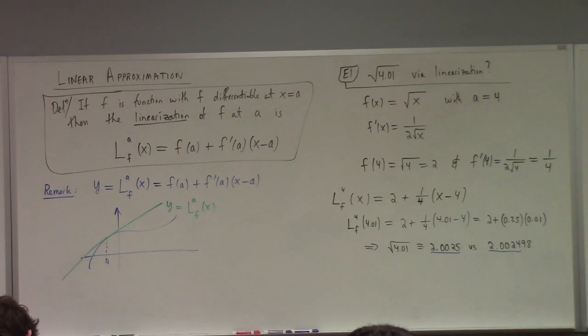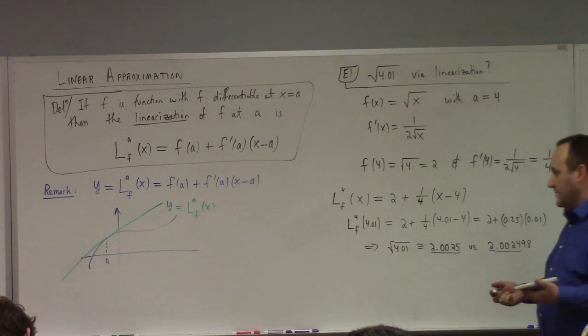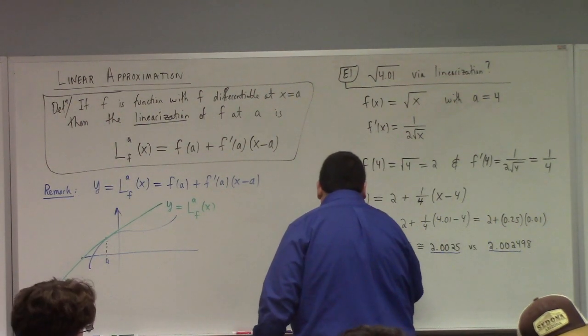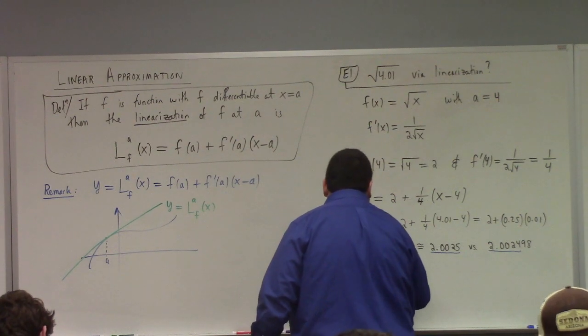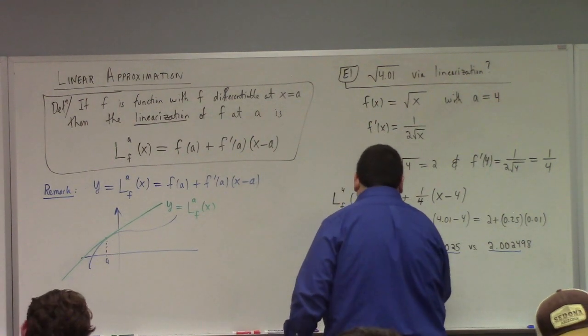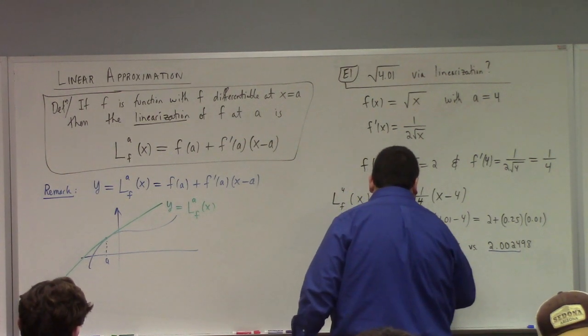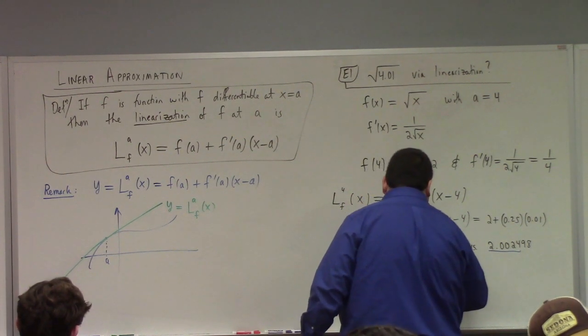Let's do something ridiculous. Let's calculate the square root of 5 with this formula. So what's the linearization of f at 5, right? In other words, we've got 2 plus 1/4 of 5 minus 4, right?